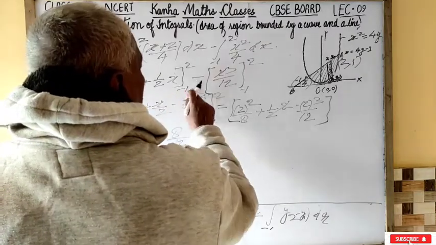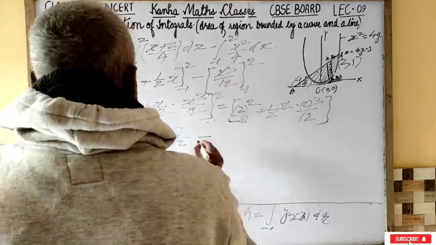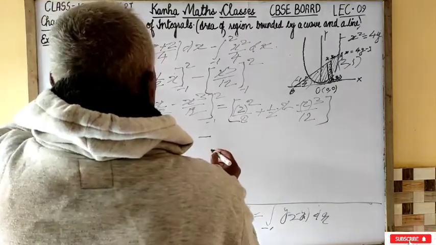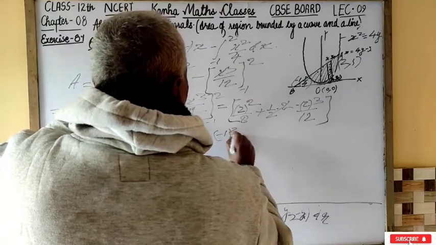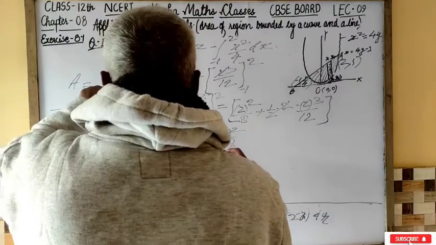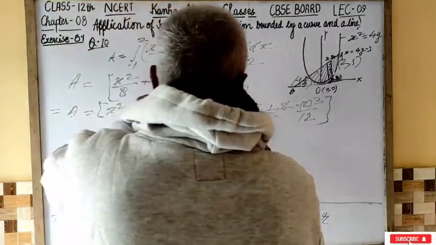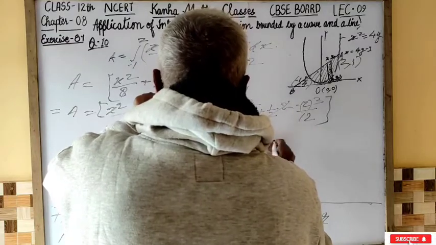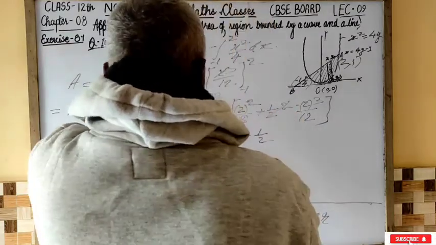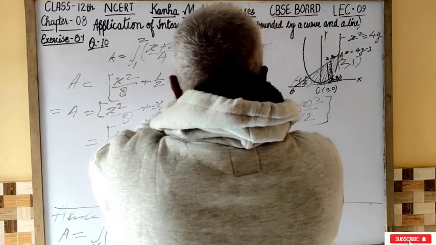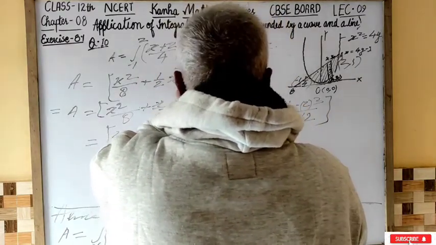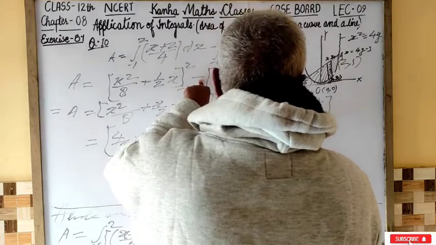Here, giving the lower limit, we get minus 1 square by 8 minus 1 by 2 plus 1 by 12.